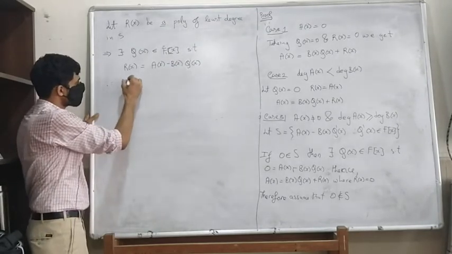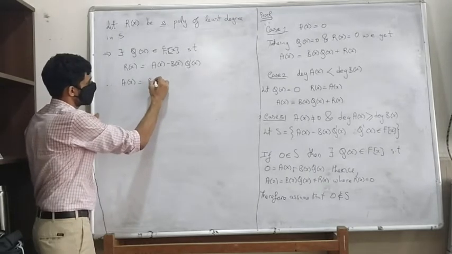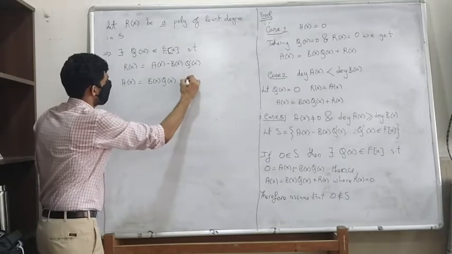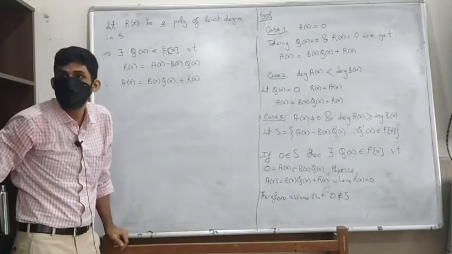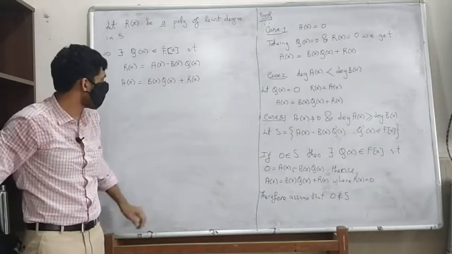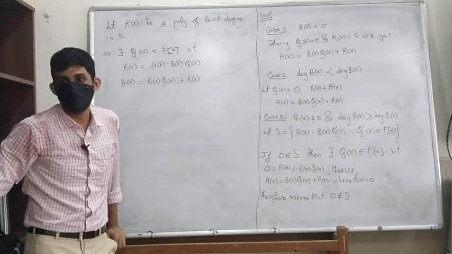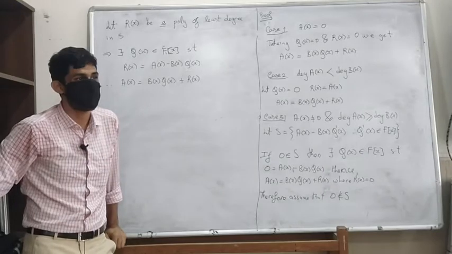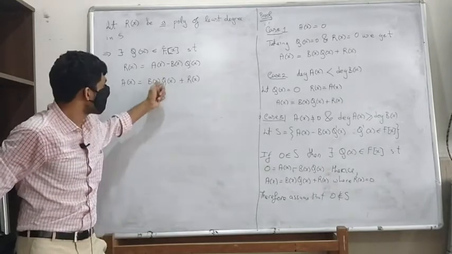Are we done with the existence? In all cases, have we shown that we can find a Q and R which satisfy the required properties? Even in this case?